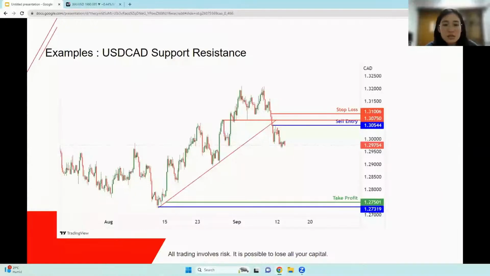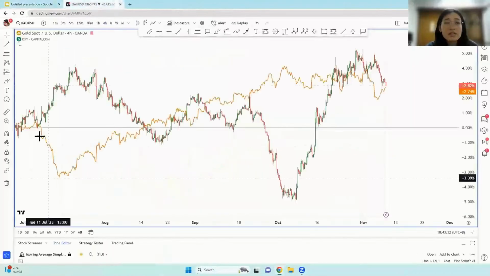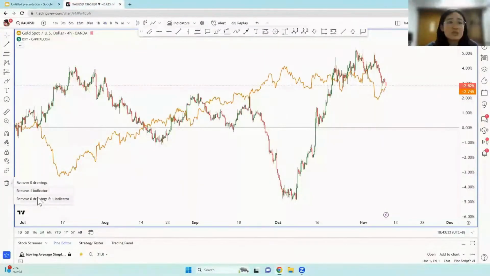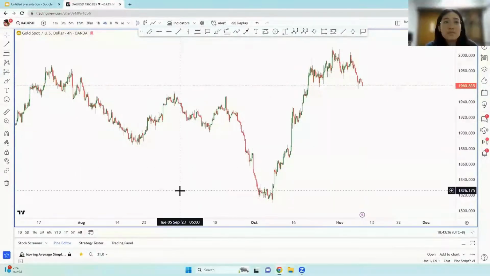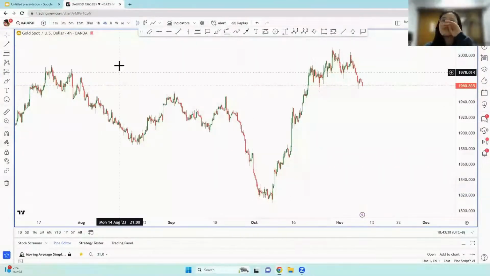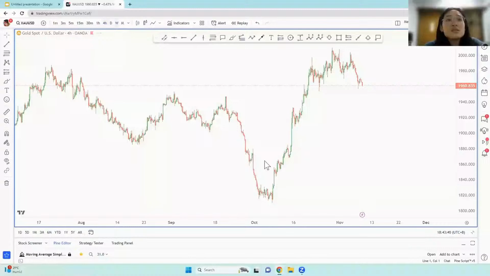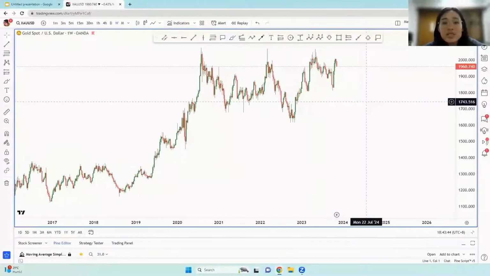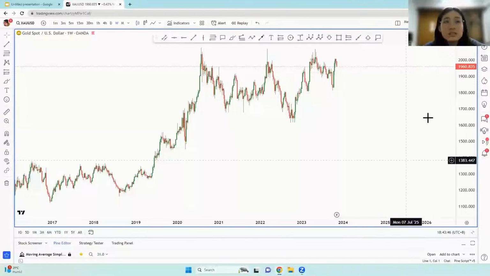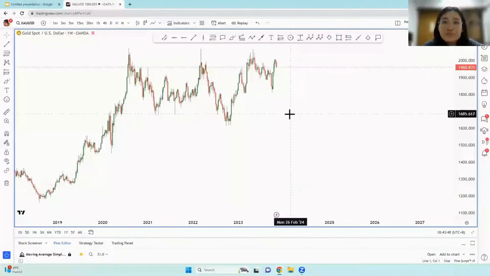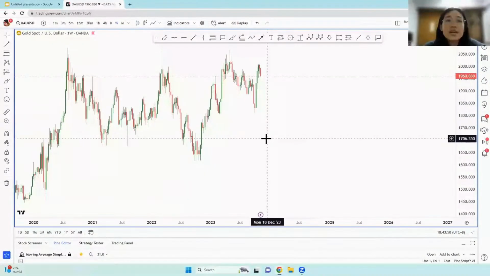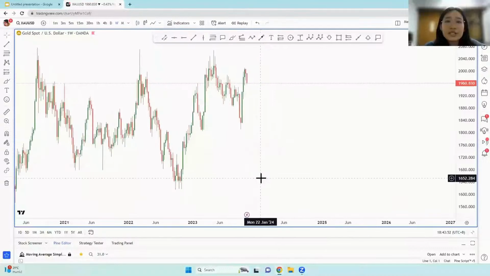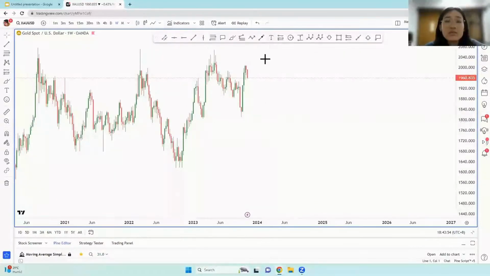Now, let's maybe analyze gold together. I like to start off by looking at the higher time frames first, the weekly and daily time frames, because then I get an idea of what the general direction of the trend is.